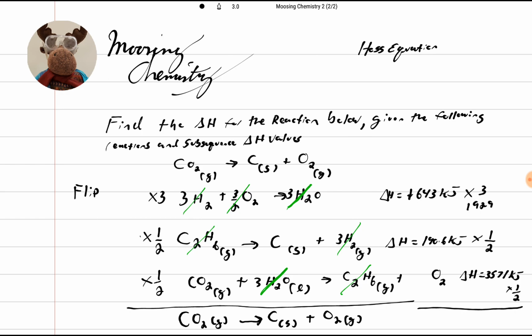Then we're going to take 190 and divide it by 2, times 0.5.